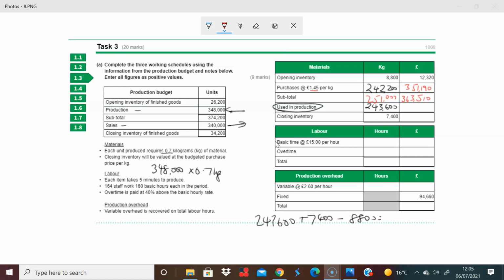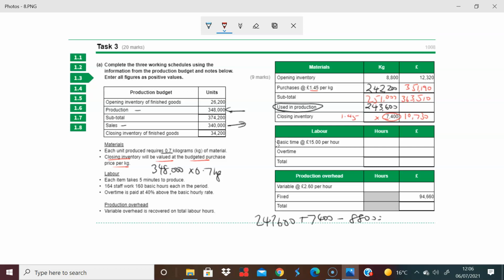And here it tells me closing inventory will be valued at the budgeted purchase price. So it's telling me that these 7,400 kilograms, budget them at the £1.45. That's the value there. So therefore, 7,400 times £1.45 takes me to 10,730, which must mean that the value here must be the difference between these two, of course.